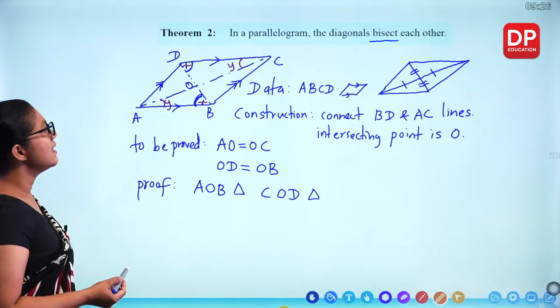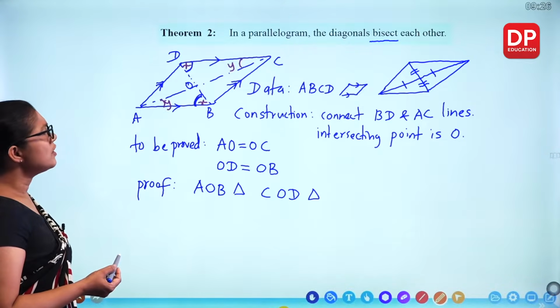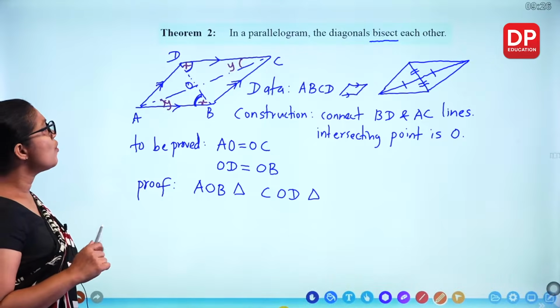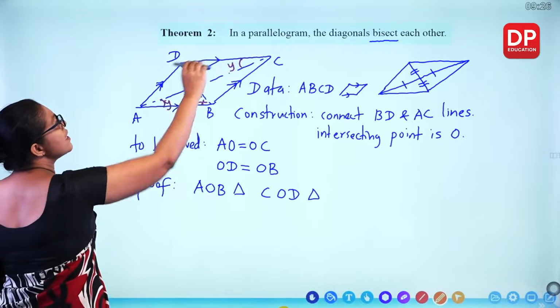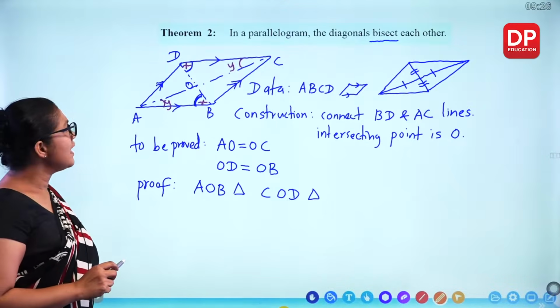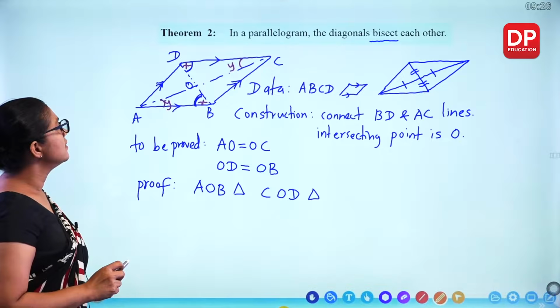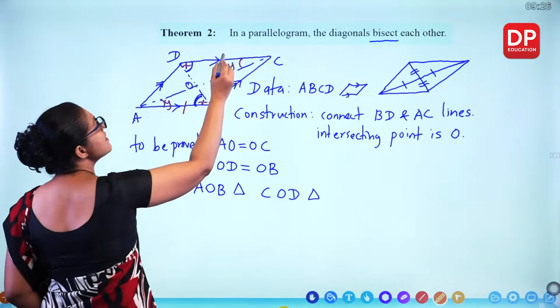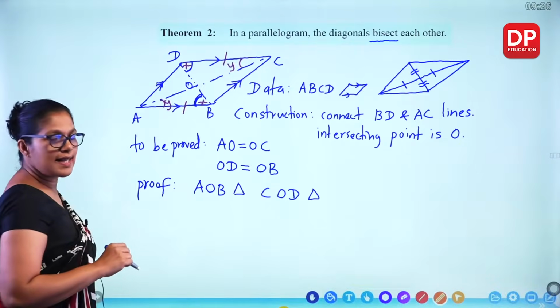Alternate angles are equal. And also from the first theorem, we know that in a parallelogram, opposite sides are equal. So opposite sides are equal means this length is equal to this length.